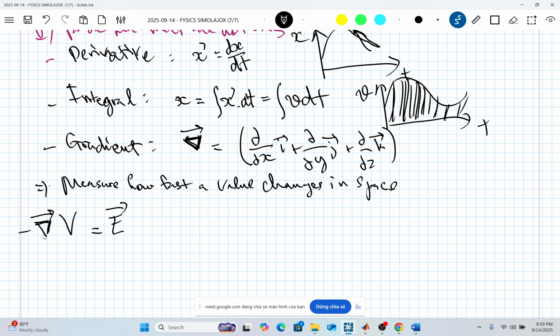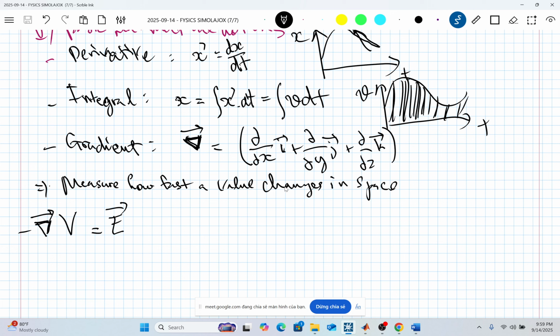Like this term d over dx, meaning that I will move this scalar V in the x direction a very small amount, and I will measure the rate of change in that direction, and I will multiply it by the i vector, which is the unit vector in the x axis, right? And then I will have a vector that represents the direction and the rate of change of my scalar in that x direction. And then I have d over dy, the same meaning.